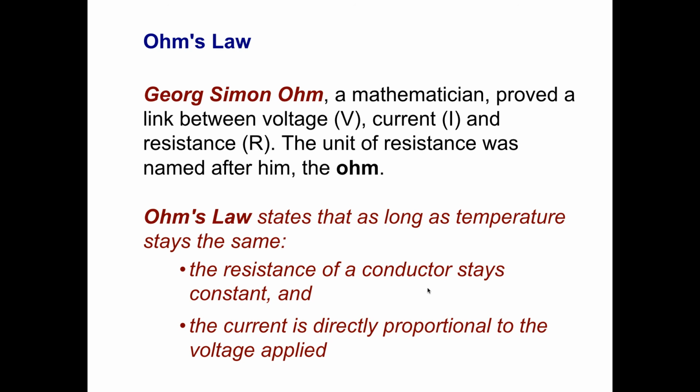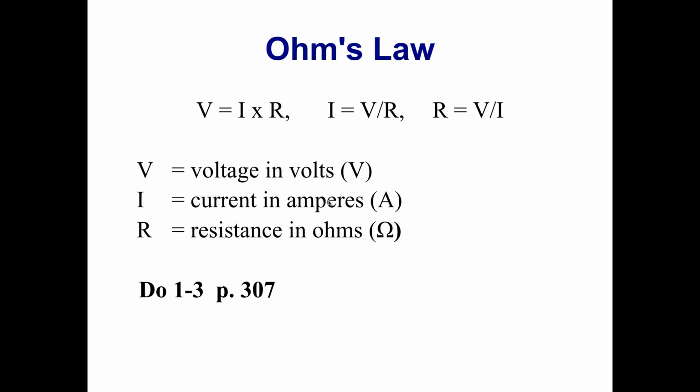The current is also directly proportional to the voltage applied. You can see this on page 306. There are 3 different ways of looking at this. If you're calculating voltage, you will need the current and the resistance. If you're looking for current, you'll need the voltage and the resistance. If you're looking for resistance, you'll need voltage and the current.